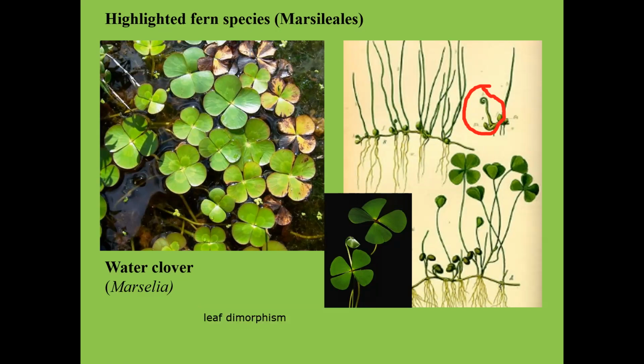One leaf is green and photosynthetic, and the other leaf is kind of modified to bear the sporangia, and that's what was mentioned on the previous slide, the sporocarp. There you go, sporocarp.